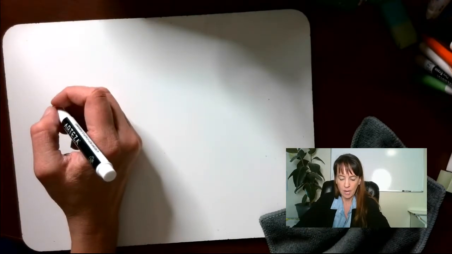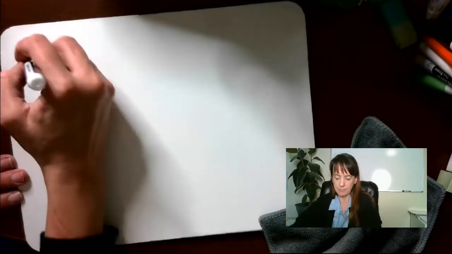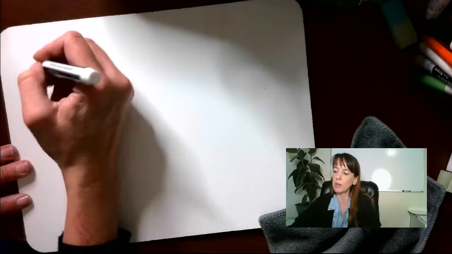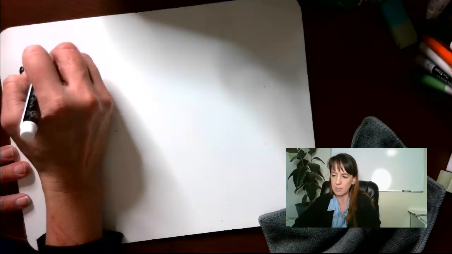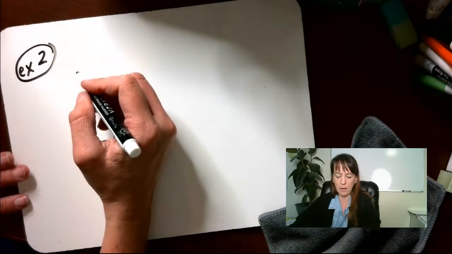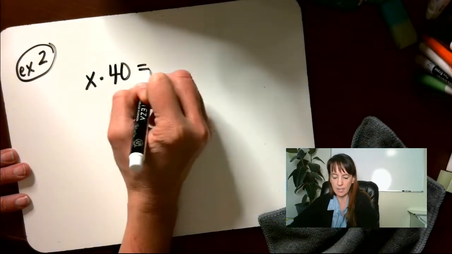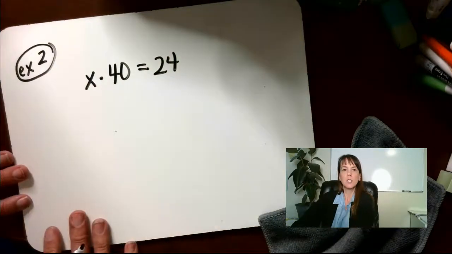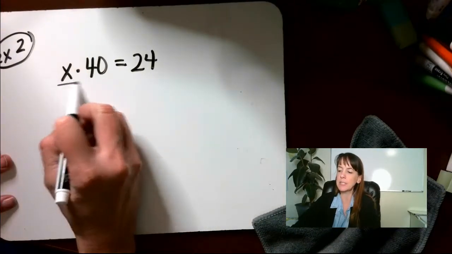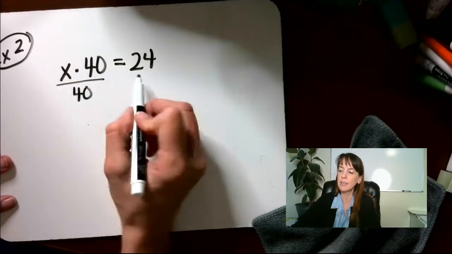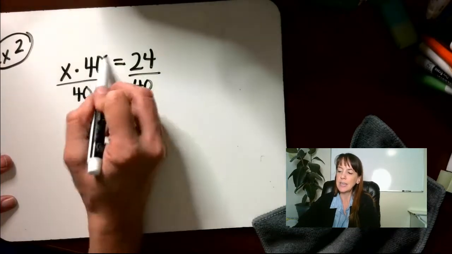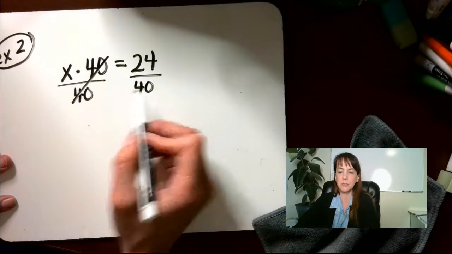All right, so let's look at number 2. What fraction of 40 is 24? So this is example number 2. What fraction, so that's X, of 40 is 24? So X times 40, well, to get that X by itself, we're gonna do the opposite, which is divide. These guys cancel out, but what I do to one side, I have to do to the other.